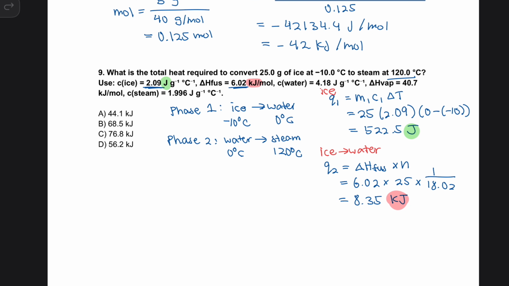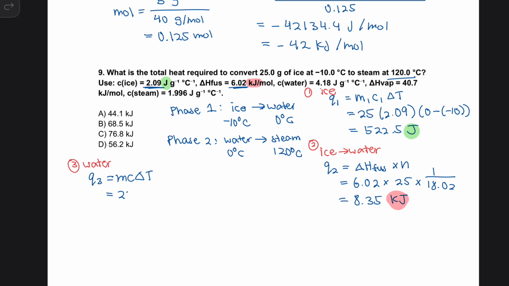Okay, so now we have water. The third step is heating that water from 0 degrees Celsius to 100 degrees Celsius when it turns into steam. So this will be Q3, which is also mC delta T again.